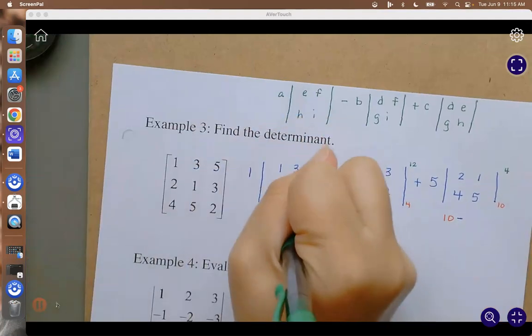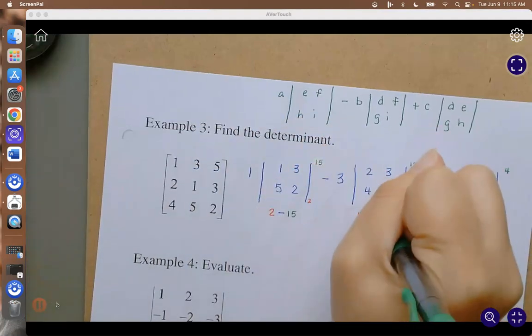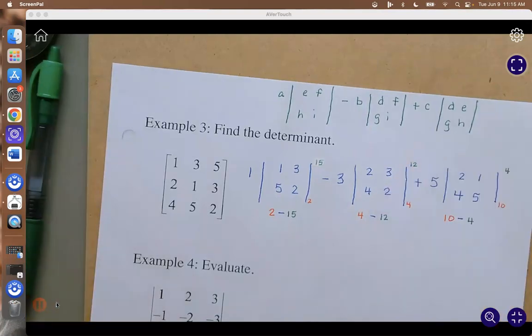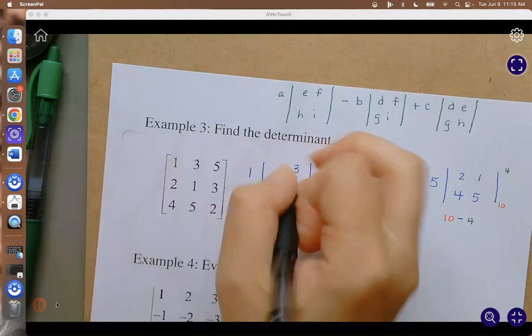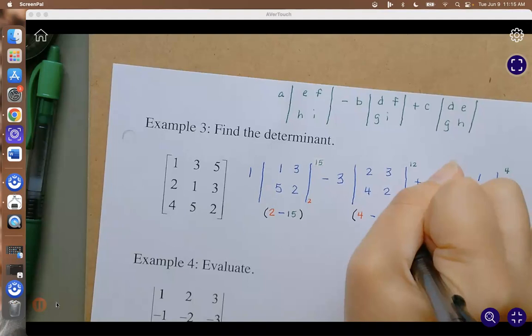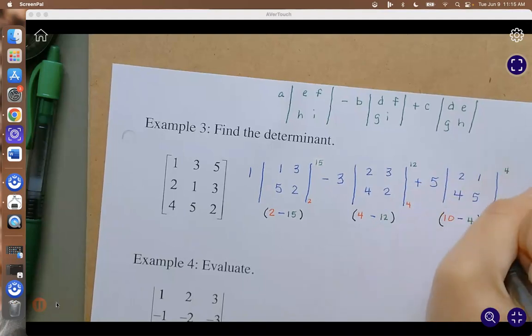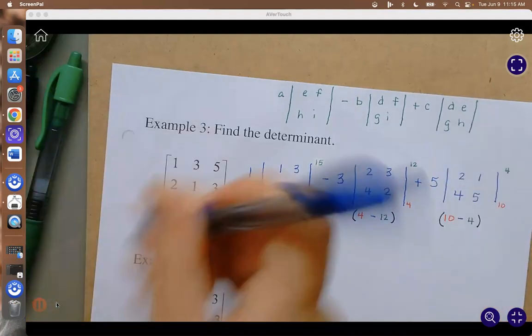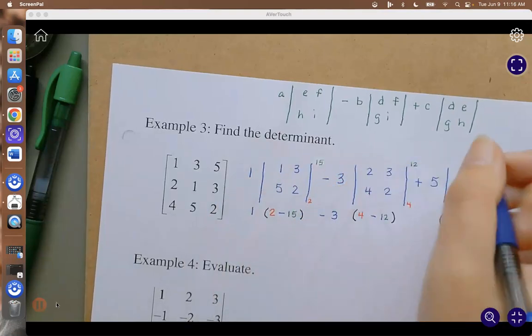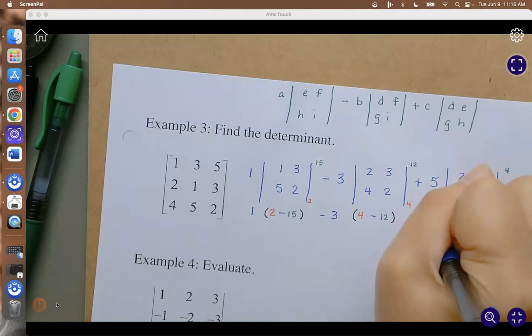We got 15, 12, 4. Now, what we need to be careful of here is remember that we have the other numbers. So we have a 1 here, -3 here, and a +5 here.